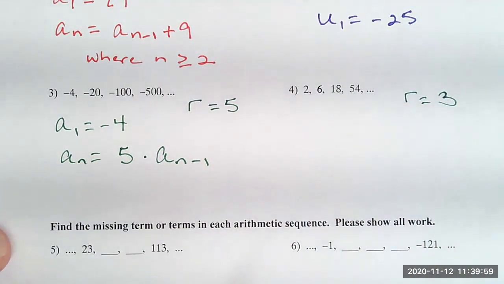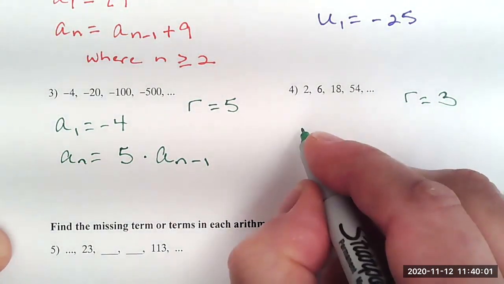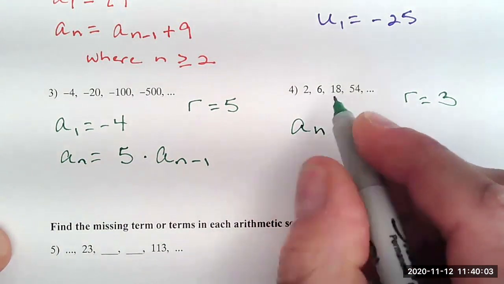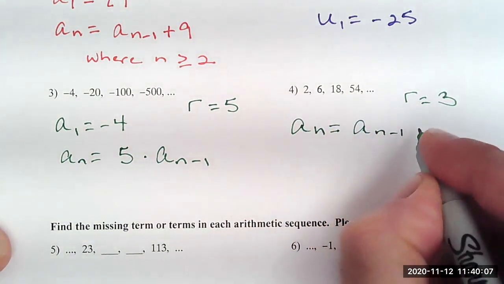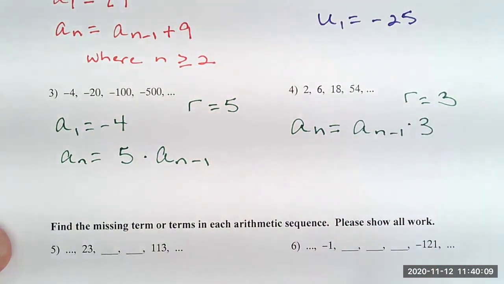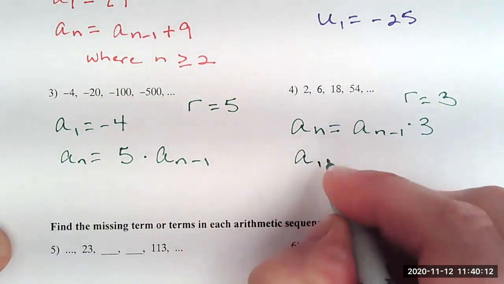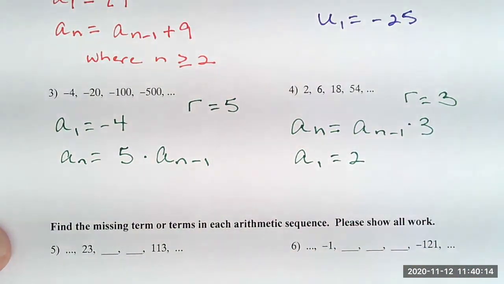Common ratio makes it geometric. Every subsequent term is equal to the term before times 3. And my first term is a 2.